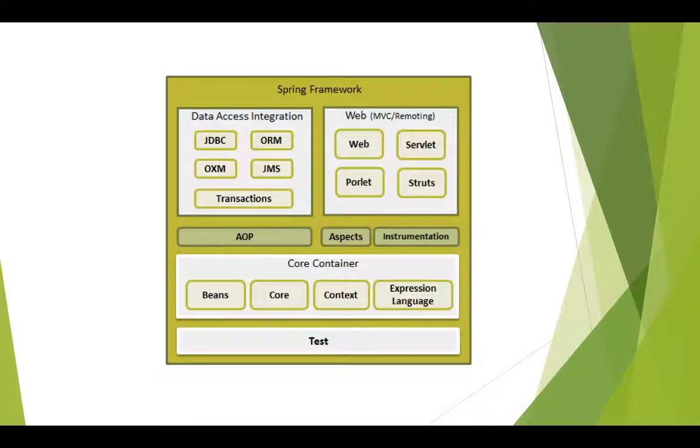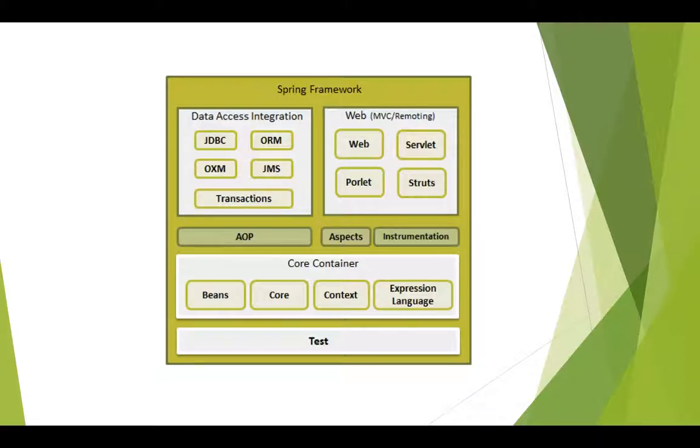For example, logging will have to be implemented across parts of the application. Similarly, implementation of security is also a cross-cutting concern. For implementing those, we can use Spring AOP.